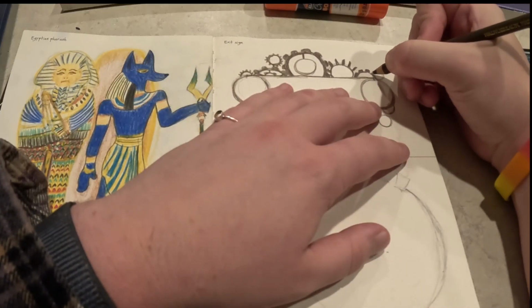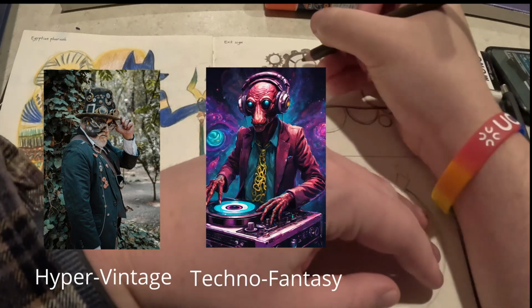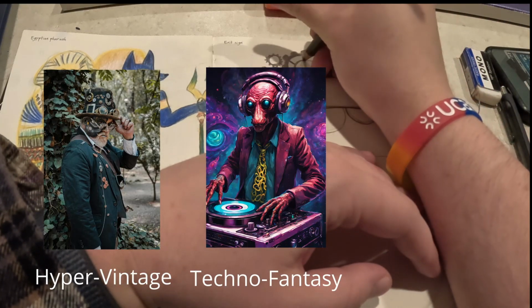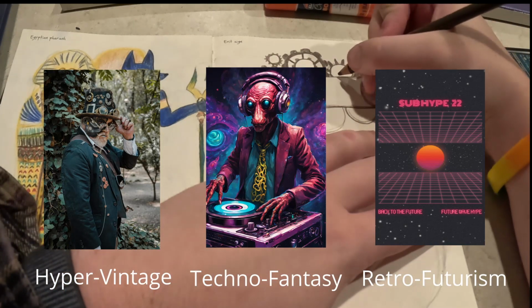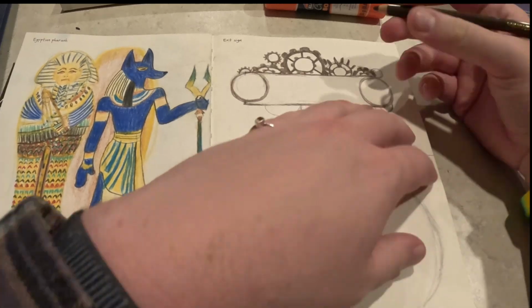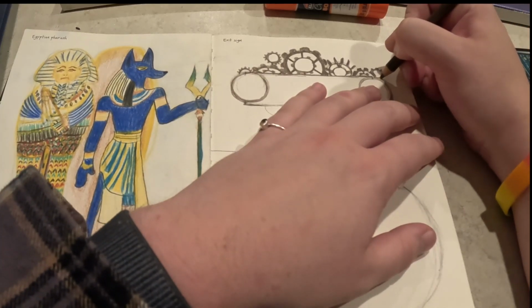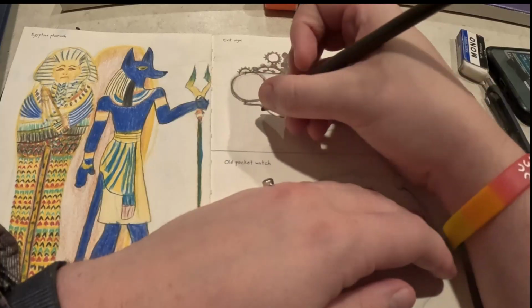There are multiple types, like hyper vintage, techno fantasy, and retro futurism, but most of the time it's set in the British Victorian era, or there are also versions in the American Wild West. But it generally is not considered to take place after World War I.